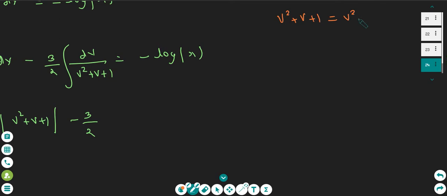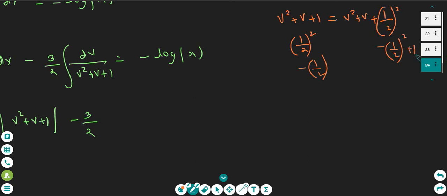So v squared plus v plus the square of half of it, half squared, minus half squared we have to do, plus 1. Already we have the plus 1.